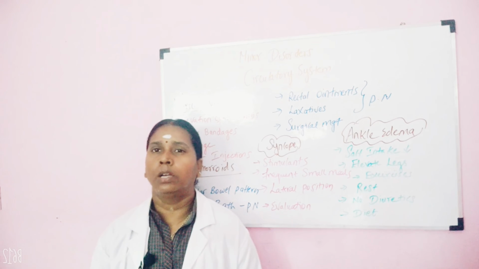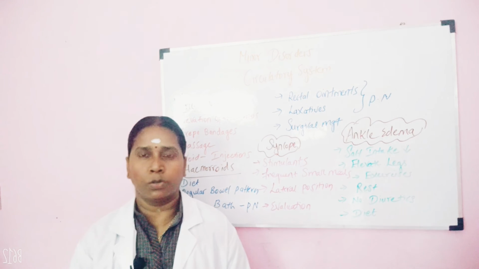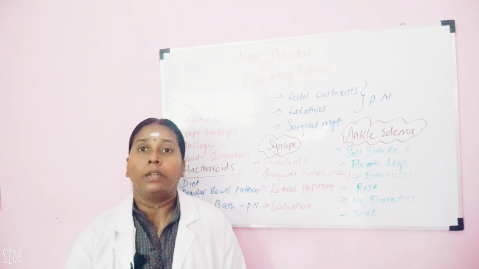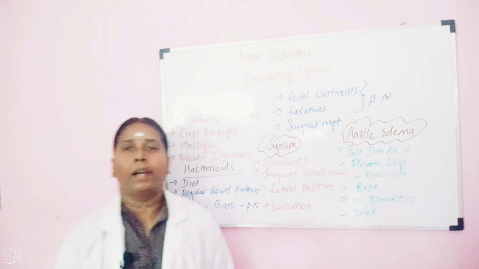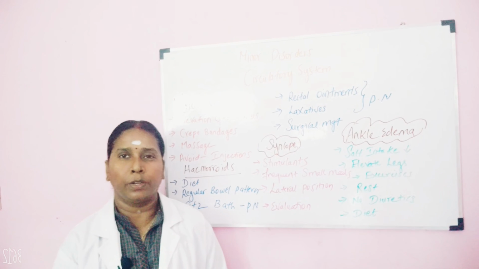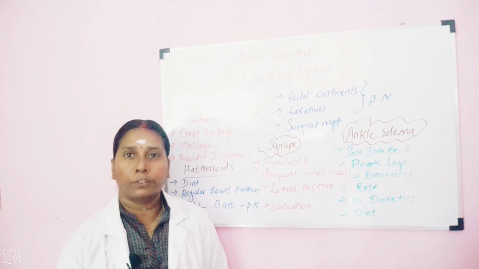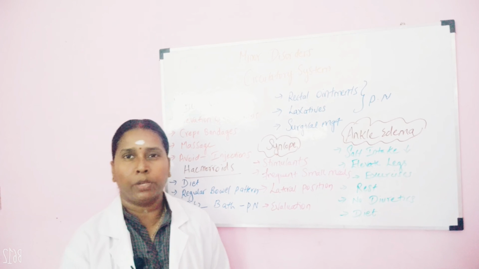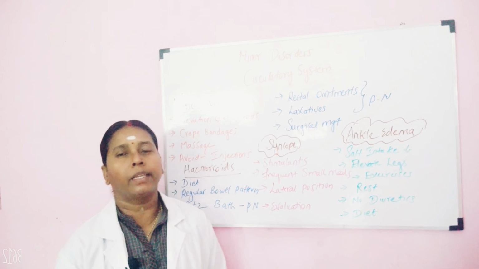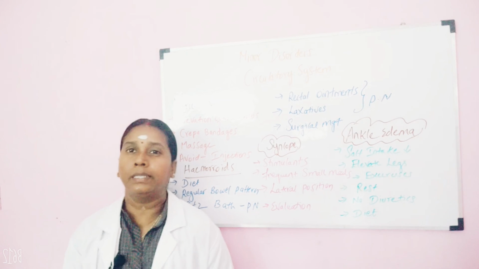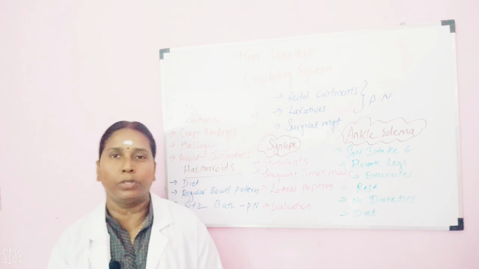Lemon juices, all your citrus juices, are going to improve urinary output. And some water-rich foods, like cabbage, bottle gourd and all those things, can improve urinary output. So these types of foods you can add to your diet plan.